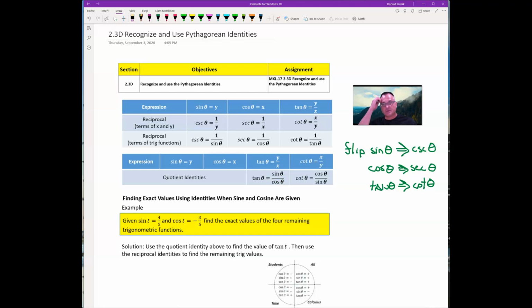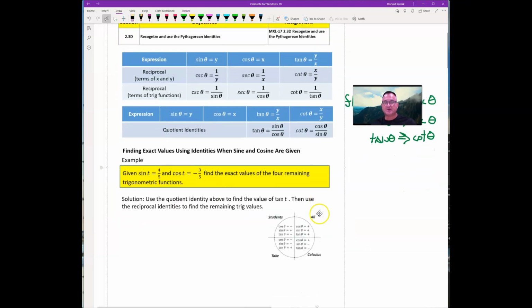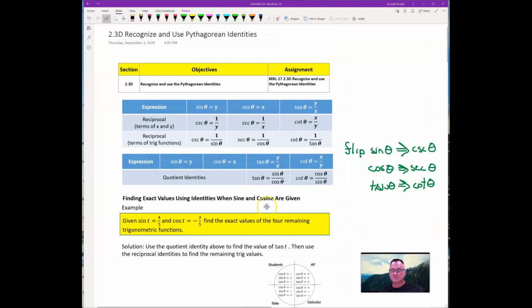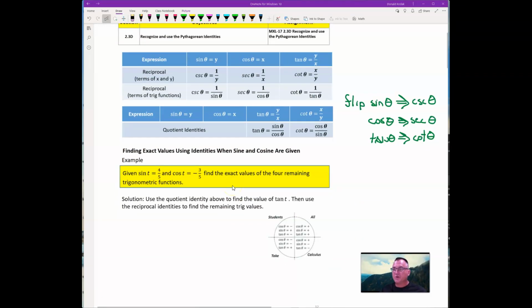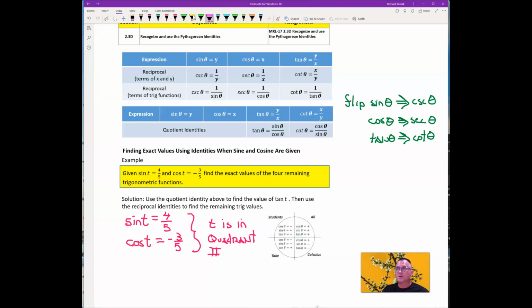And that's exactly what we're doing in this first example here. All right, so it says find the exact values using identity when the sine and the cosine are given. So we're starting off knowing what the sine is and what the cosine is. So we got 4/5 for our sine, and we got negative 3/5 for our cosine.